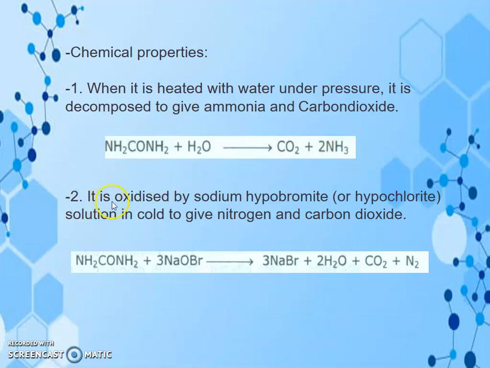Second chemical property: it is oxidized by sodium hypobromite or hypochlorite solution to give nitrogen and carbon dioxide. This is urea, NH2CONH2, plus sodium hypobromite. When it is reacted, oxidation takes place and it gets converted into sodium bromide plus water plus carbon dioxide and nitrogen.